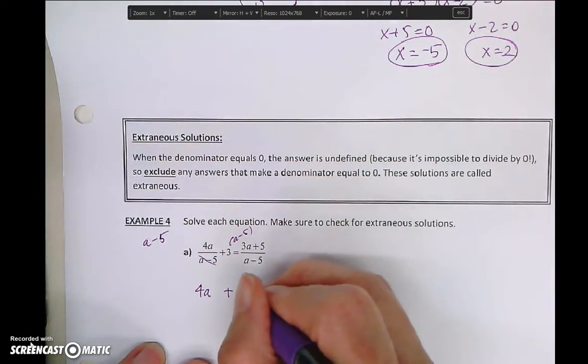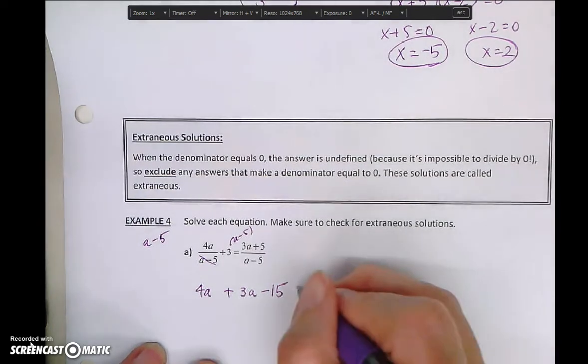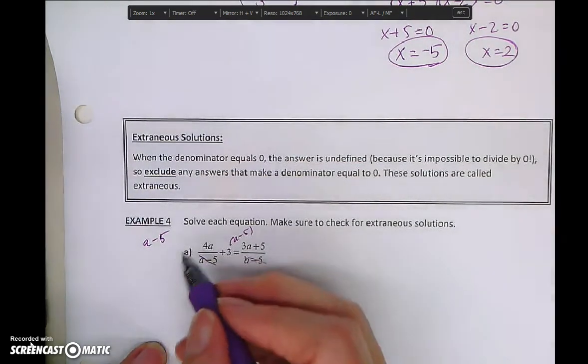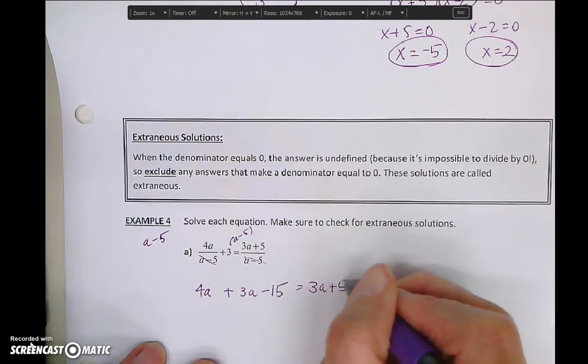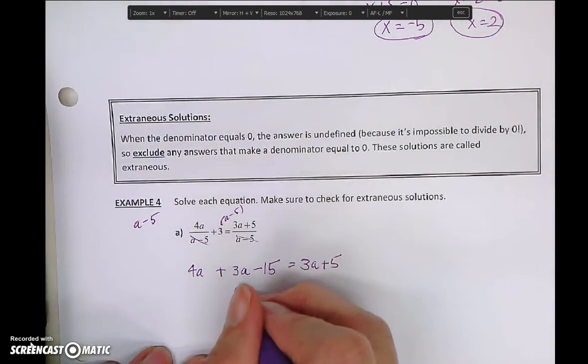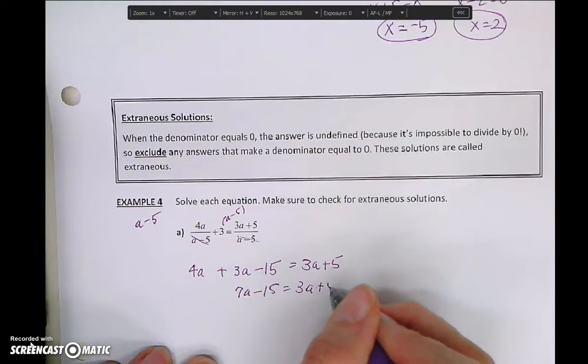So that's going to give me 3a minus 15. Make sure you distribute. Is equal to, and when I multiply it times that last one, the a minus 5s cancel each other, and I have 3a plus 5. So that's going to be 7a minus 15 is 3a plus 5.